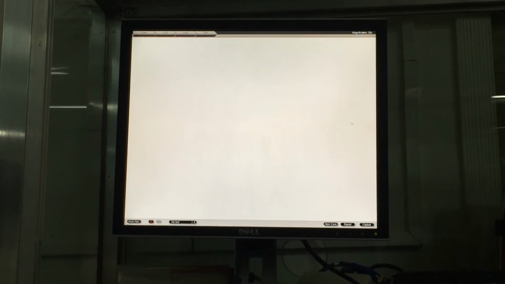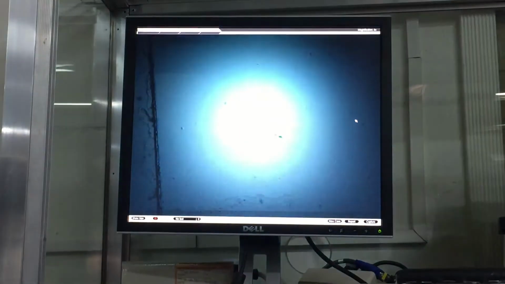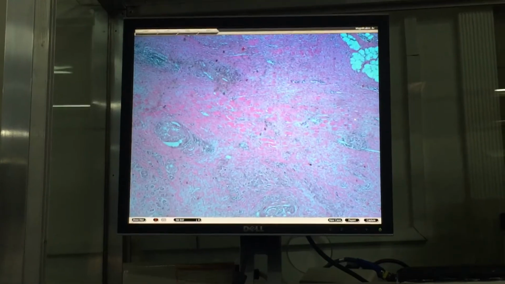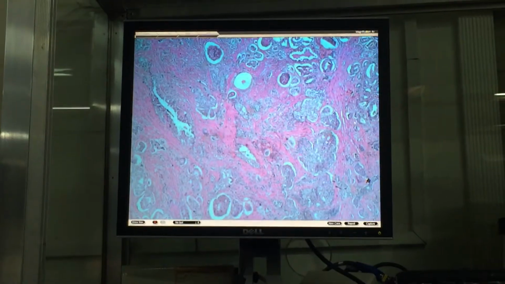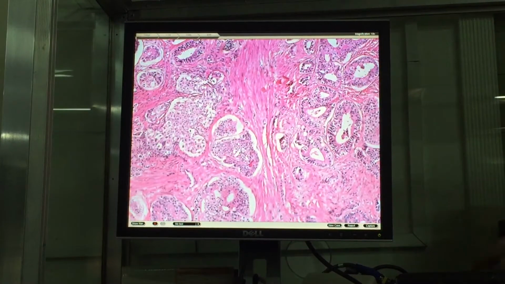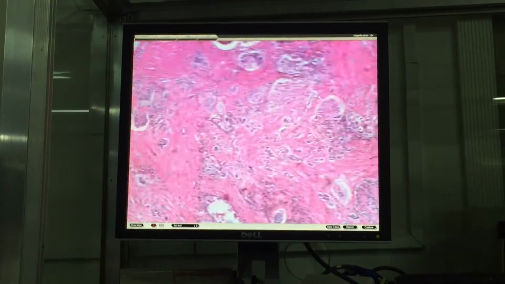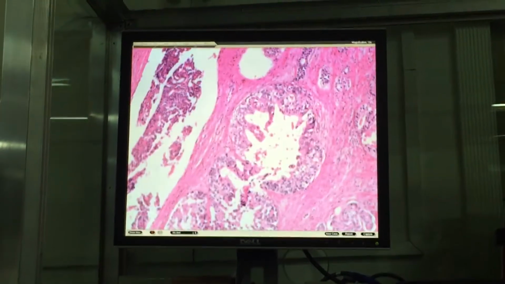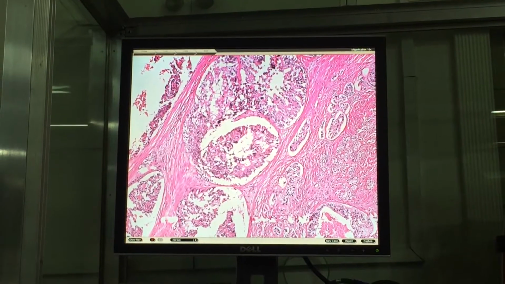Adenocarcinoma. See, earlier that's benign, and this one is malignant. See, fibromuscular layer, but as we go around, you'll notice that this is somewhat benign, but as you can see here, the glands have thick walls.